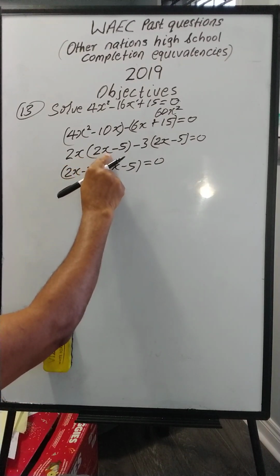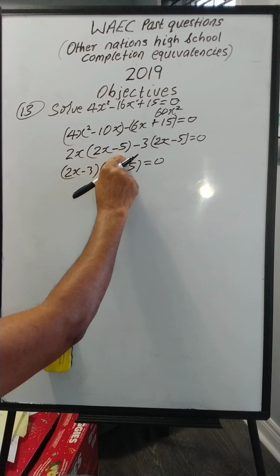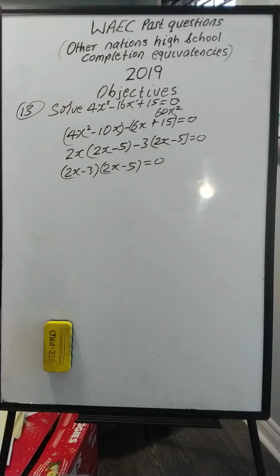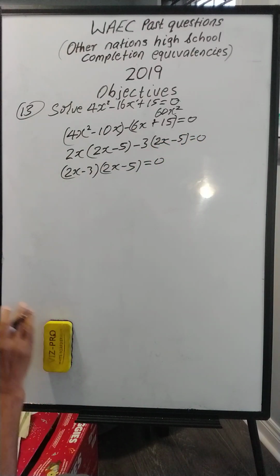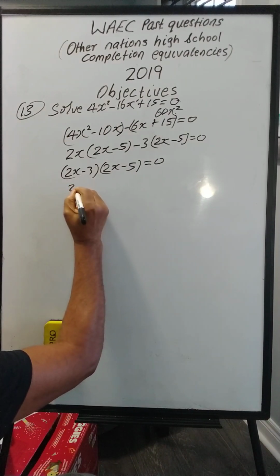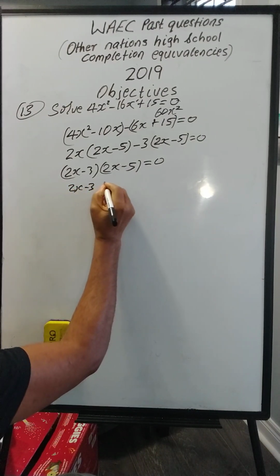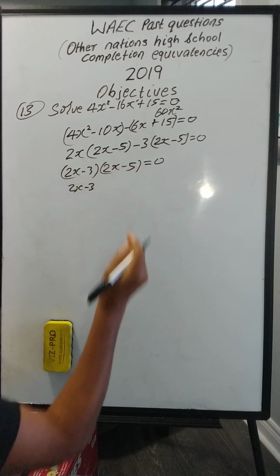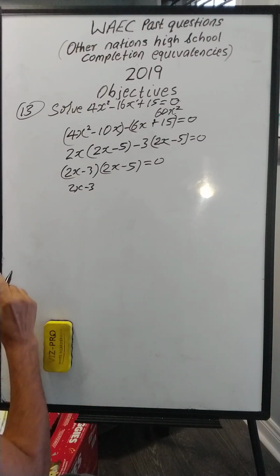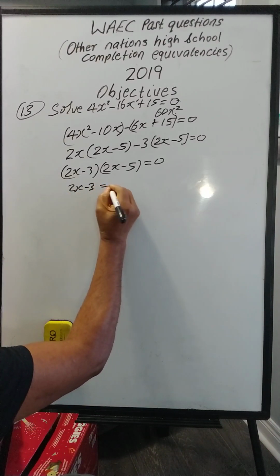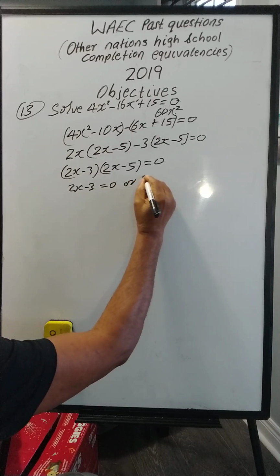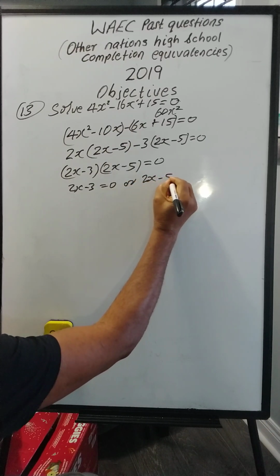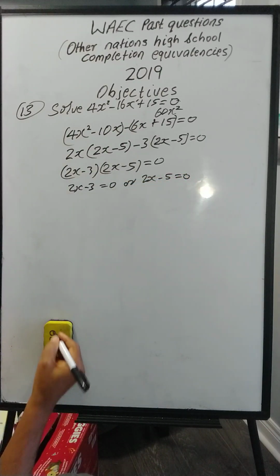You can't have 2x minus 5 and 2x plus 5. It must be the same value and the same sign. Therefore, if 2x minus 3 times 2x minus 5 is equal to 0, it's either 2x minus 3 equals 0 or 2x minus 5 is equal to 0.